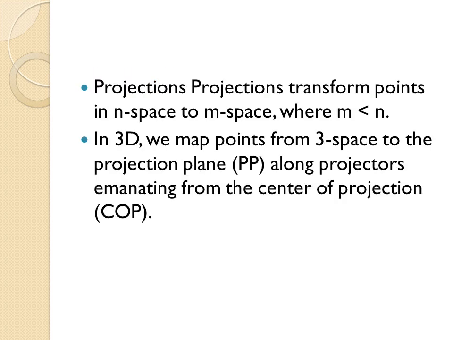But displaying a three-dimensional scene on a two-dimensional surface is difficult, and it has remained a challenge for artists, designers, drafters and architects for many years. So in 3D viewing, the three-dimensional world coordinate description of the objects in a scene are first converted to three-dimensional viewing coordinates.